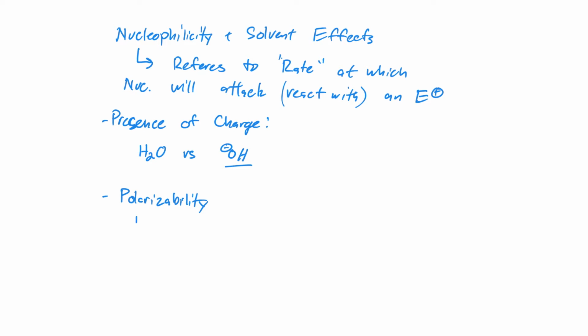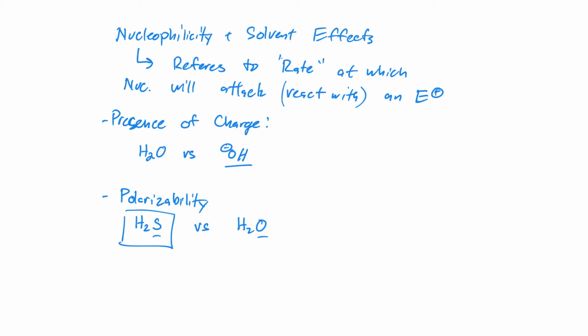So if we look at H2S versus H2O, we know that sulfur is in the third period, whereas oxygen is in the second period. So sulfur is larger, it has more electrons, it has greater polarizability. So the better nucleophile out of these two options would be H2S, hydrogen sulfide.